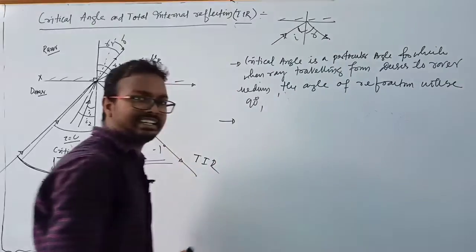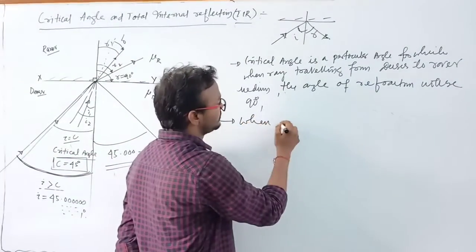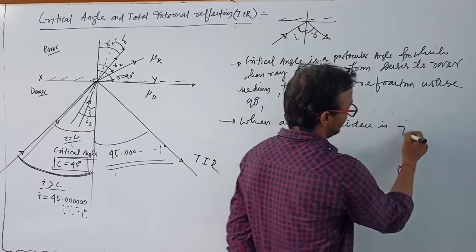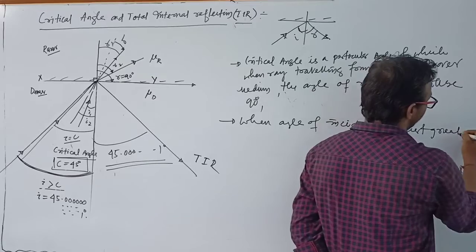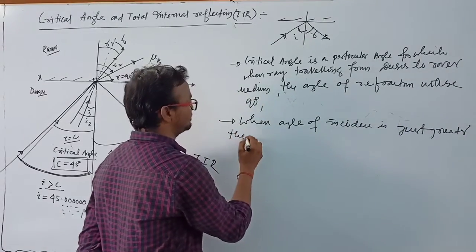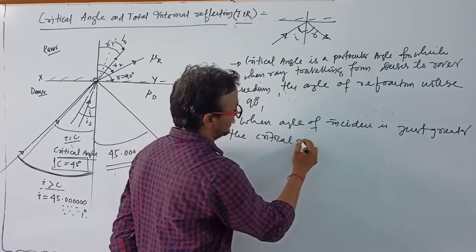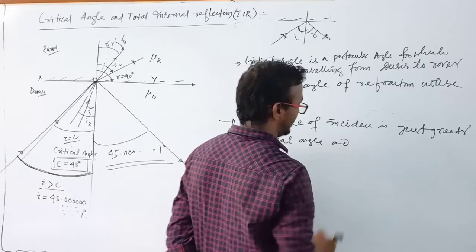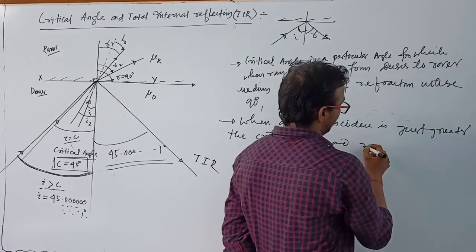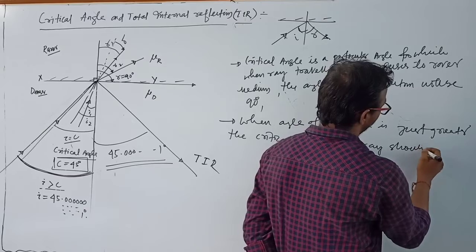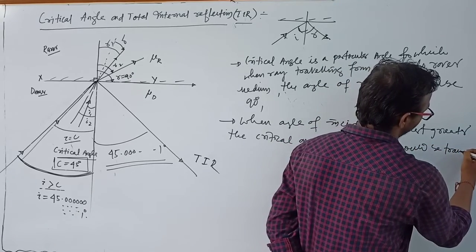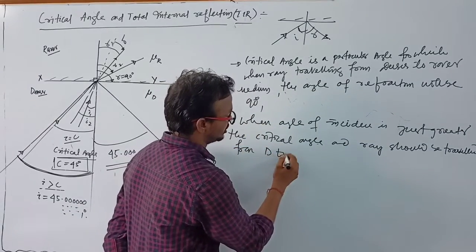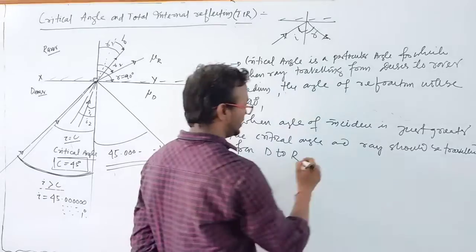Again, what is TIR? When the angle of incidence is just greater than the critical angle and the ray travels from a denser to a rarer medium, clear?